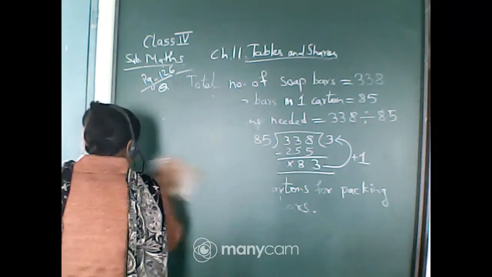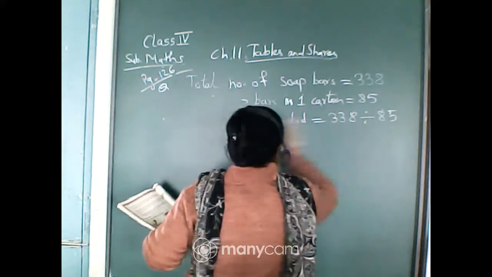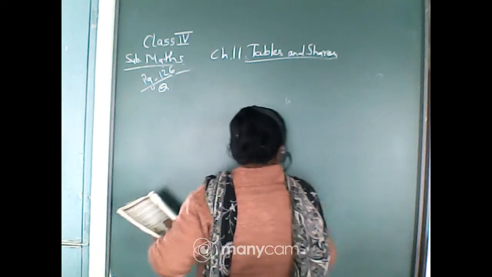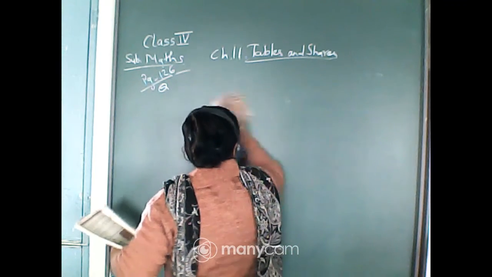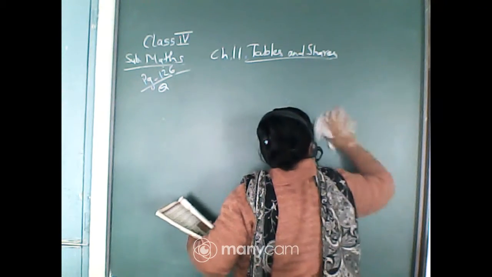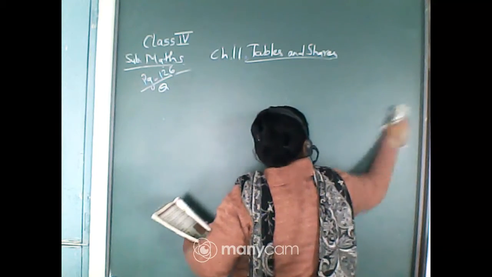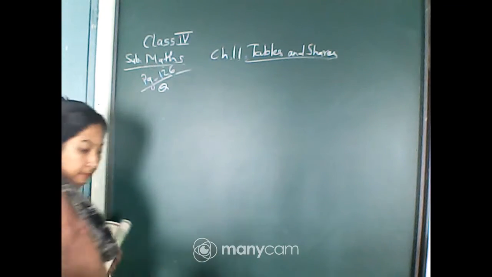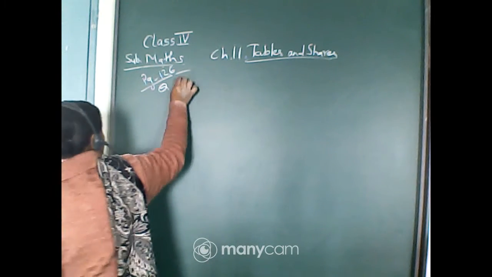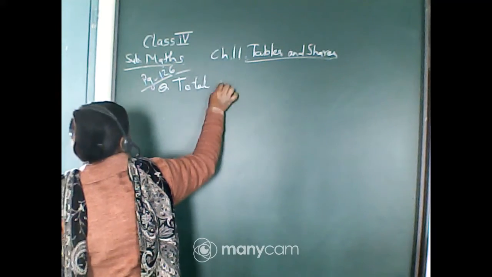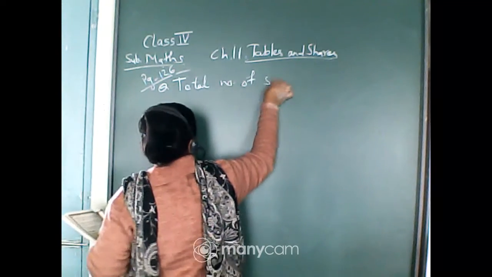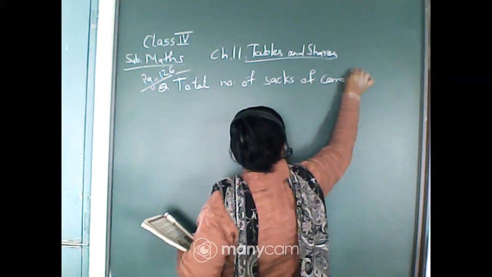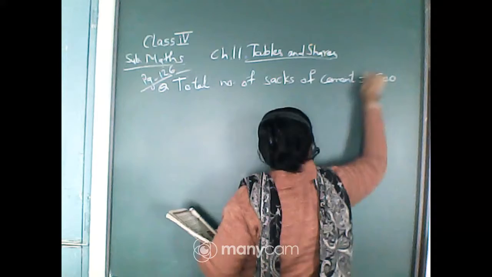First of all you will write total number of sacks of cement. So write it down. Total number of sacks of cement is equal to 1500.